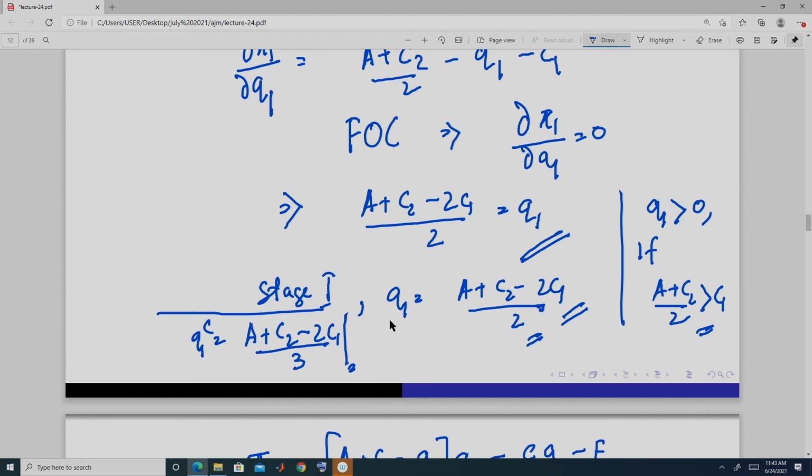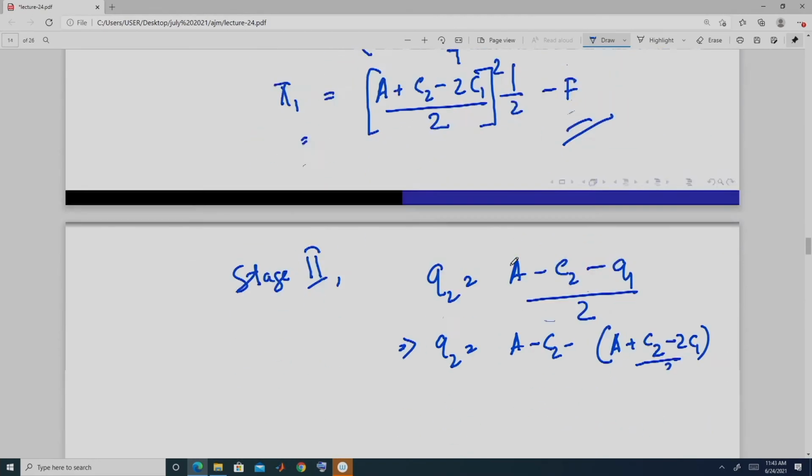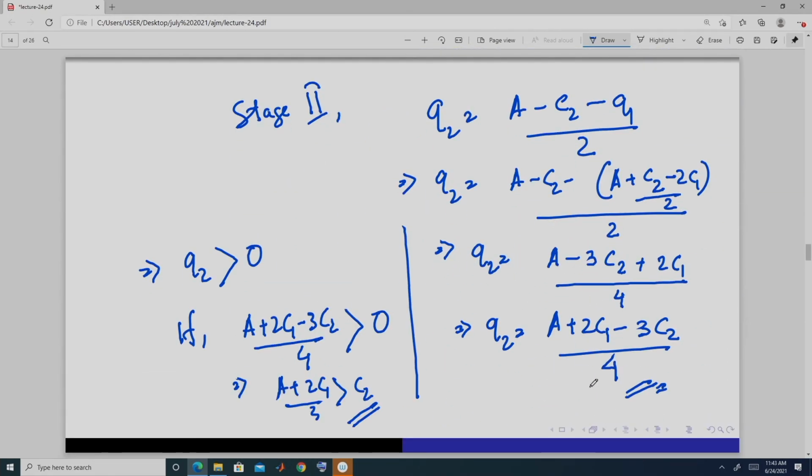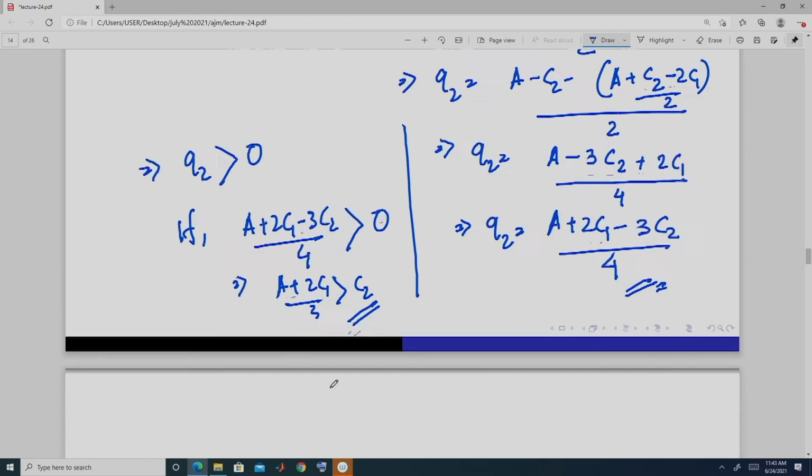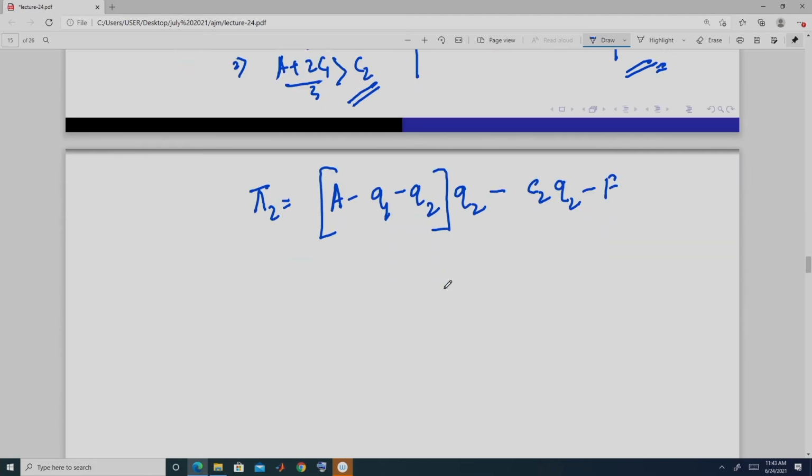We will show again this and we get this. So, this is greater than Cournot, and we know in Cournot it is positive. So, it is positive, but this is less than the Cournot output, so we need this condition. Now, let us compute the profit of firm 2.